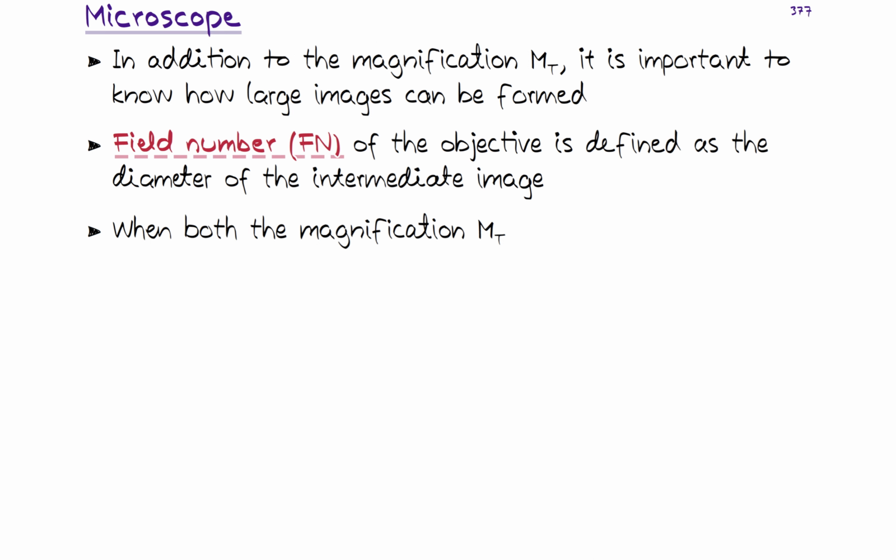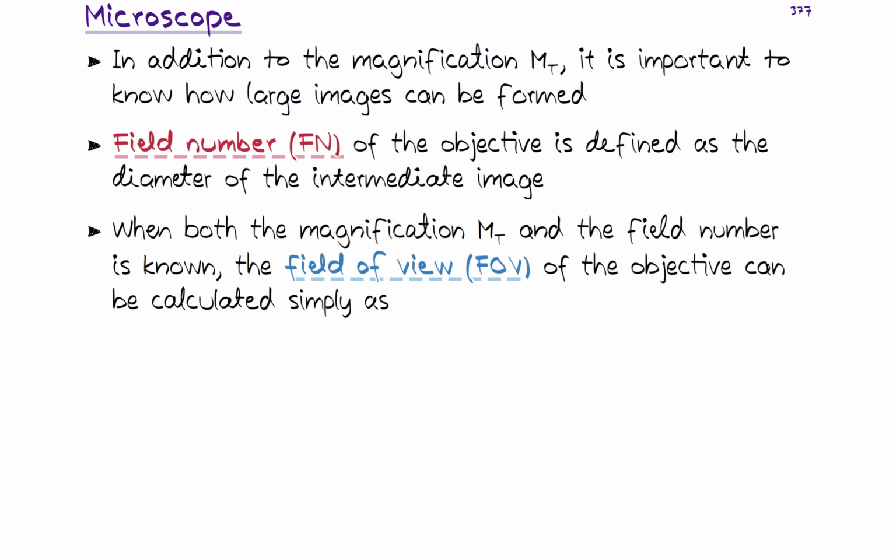And how does that give me the actual final field of view? Well, when we have both the transverse magnification, MT, and the field number, and we know them both, we can easily calculate the total field of view, FOV, of the objective lens. It's as simple as this: the field of view is the field number divided by the total transverse magnification.